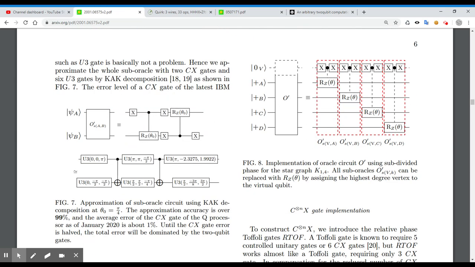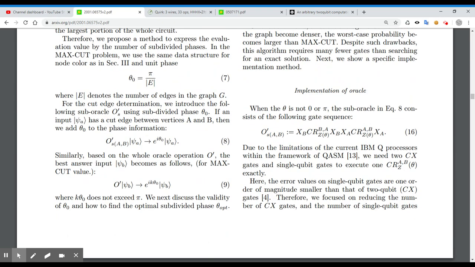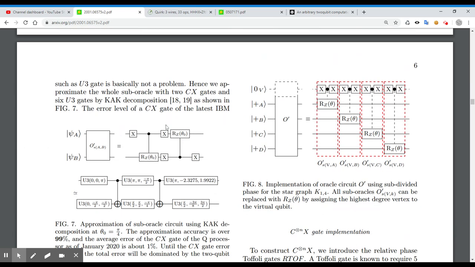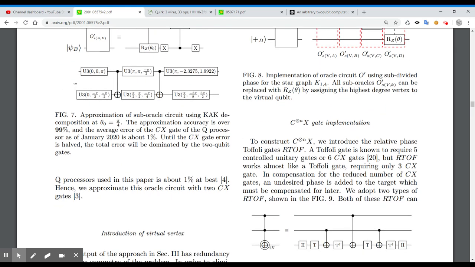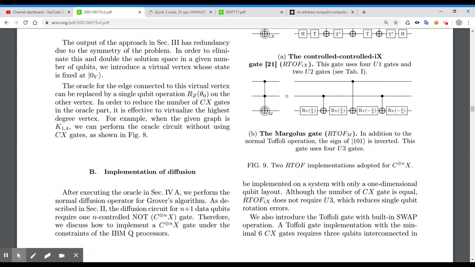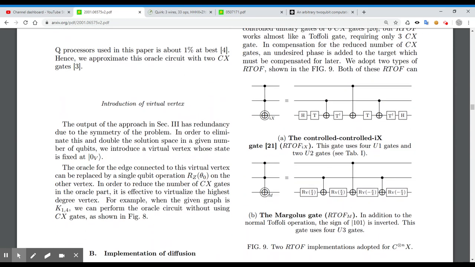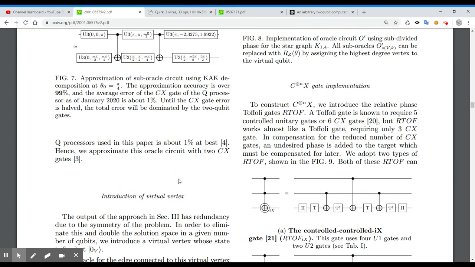Okay, perfect. I feel like we didn't move forward a lot. Well, we understood this idea, and that's it basically. Okay, and then the virtual vertex probably is the most interesting part of the paper. Interesting. Cool. Perfect.